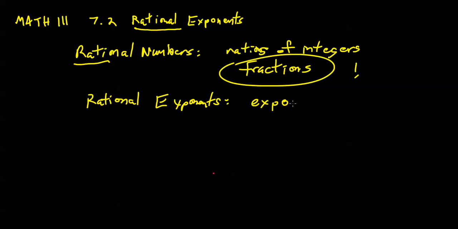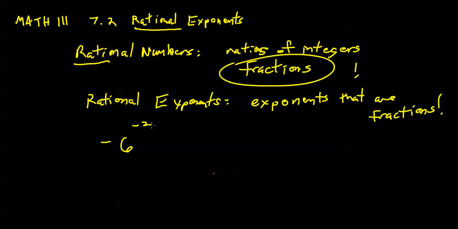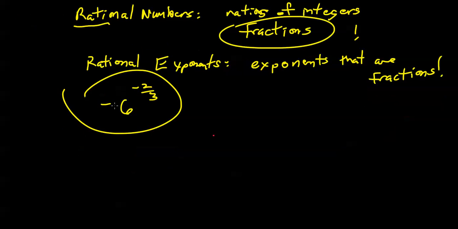To define exponents that are fractions, or fractional exponents. Alright, so we're going to be looking at things of the type minus 6 to the minus 2/3 power. We're going to be defining expressions like this, but we need to get some background first before we start juggling around rational exponents.